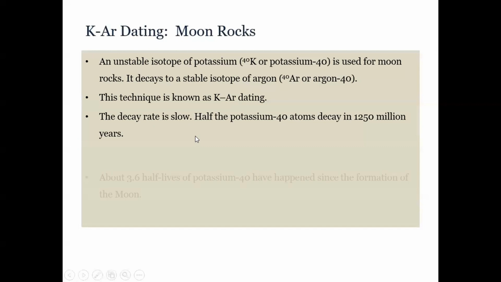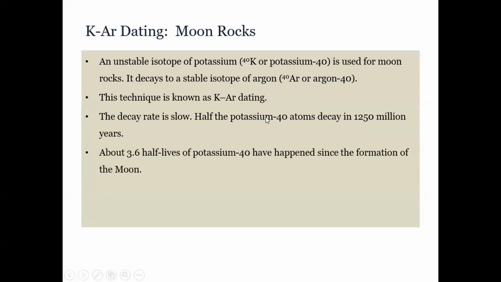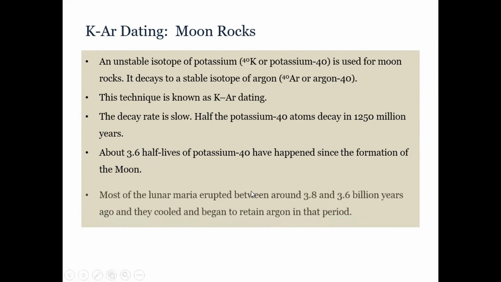The decay rate is slow. Half of the potassium atoms decay in 1,250 million years. So about 3.6 half-lives of potassium have happened since the formation of the moon.